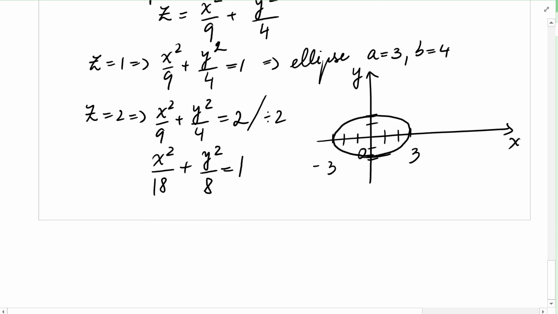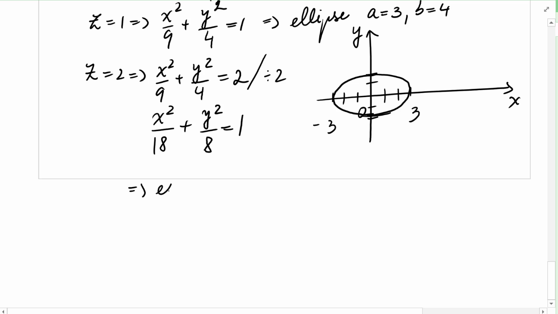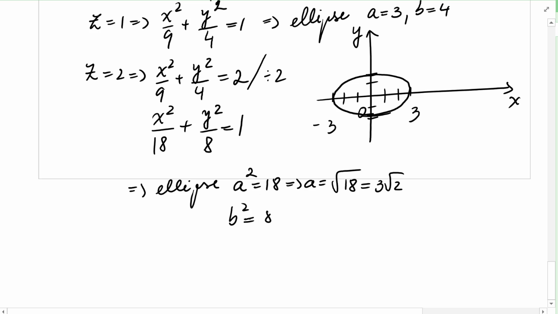So this time we still have an ellipse with a squared equals 18, which means a equals square root of 18, which is 3 square root of 2, and b squared equals 8, which means b equals square root of 8, which is 2 square root of 2.